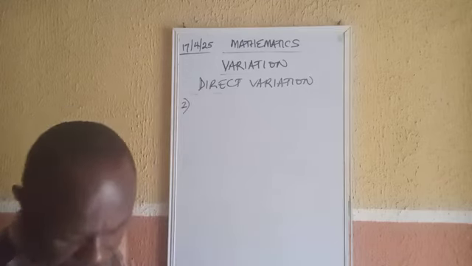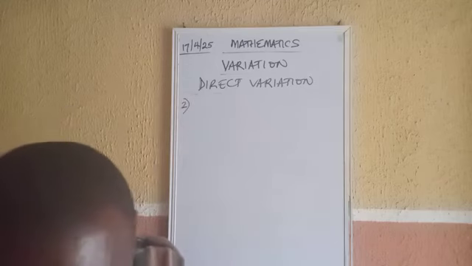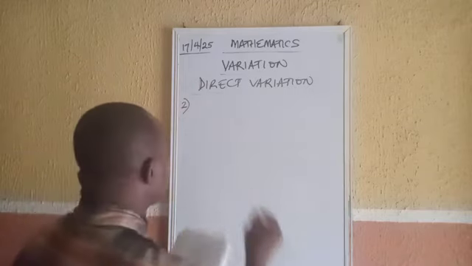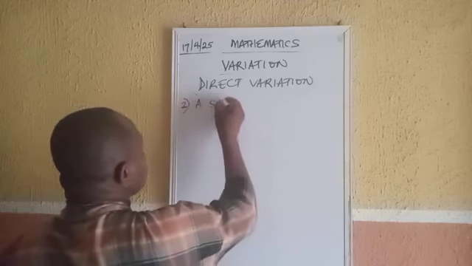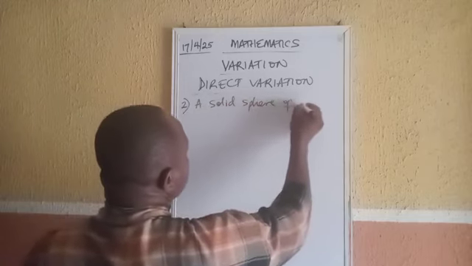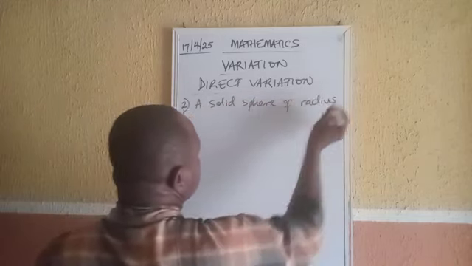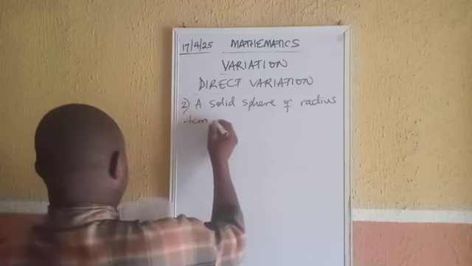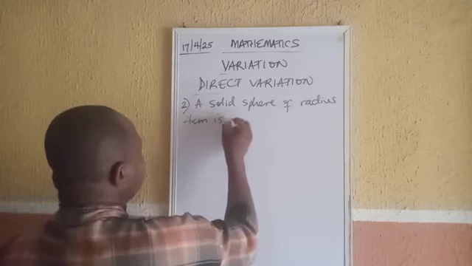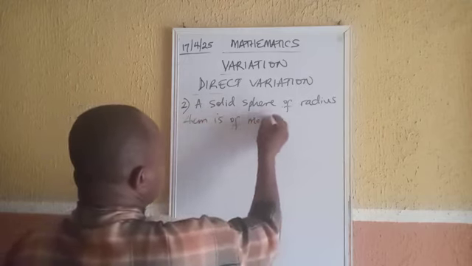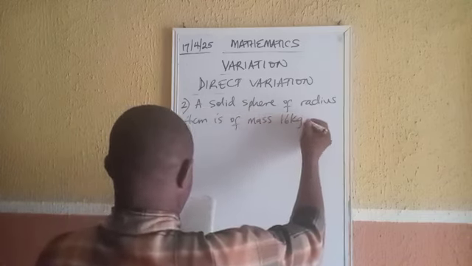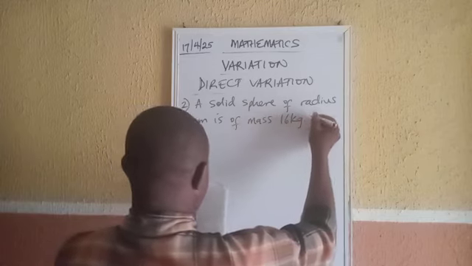Example 2. A solid sphere of radius 4 centimeters is of mass 16 kg or kilogram.